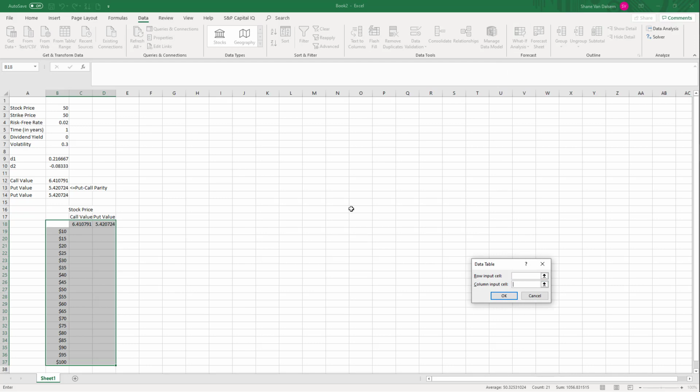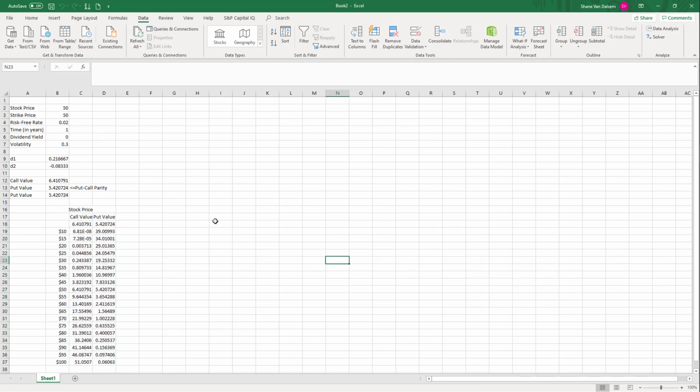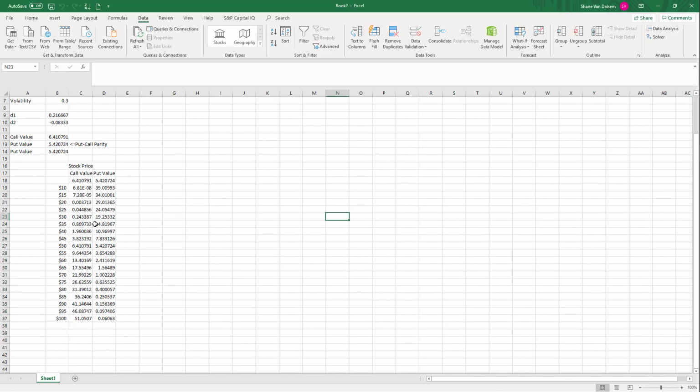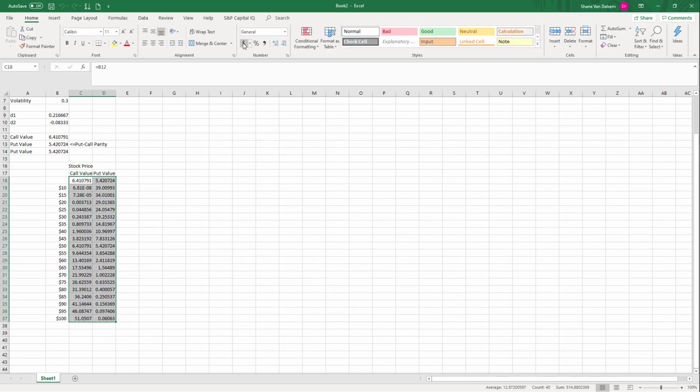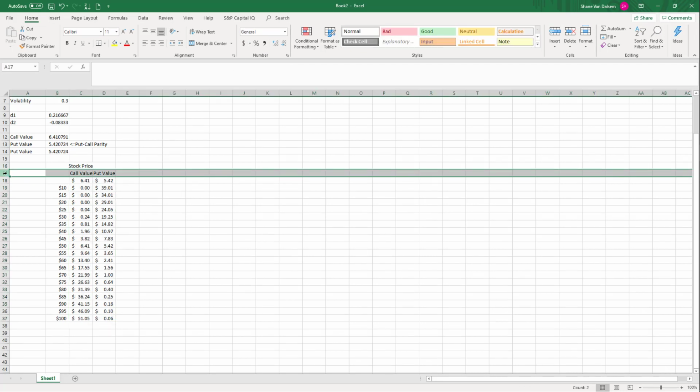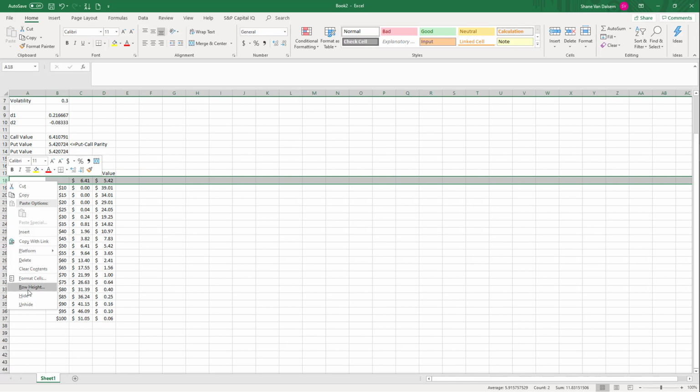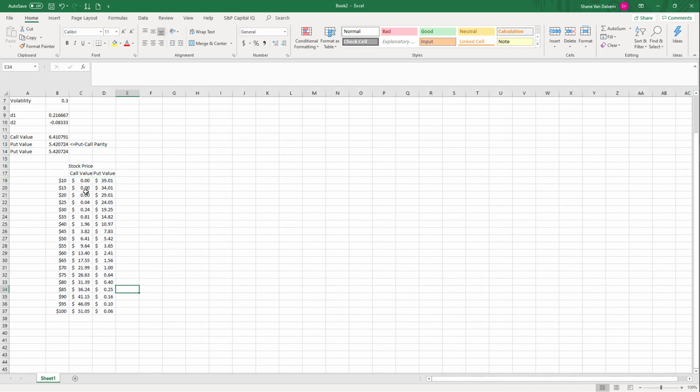My column input cell is going to be the stock price because that's the value that's changing in the column here. Now I'll make this look pretty. One thing to point out is that the call value doesn't have any value.